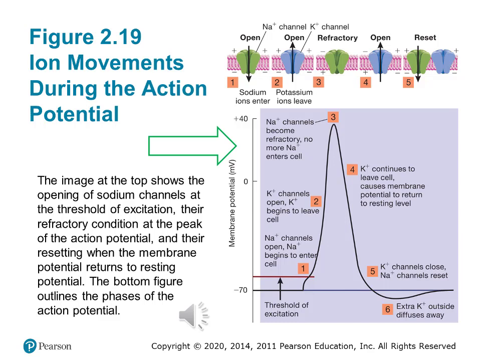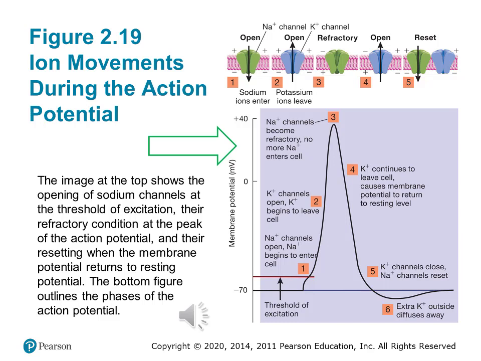At step 4, we're near 0 on the y-axis, and the line is steeply sloping downward. And during this step, potassium ions continue to leave the cell, and they cause the membrane potential to return to rest. Step 5 is near negative 60 on the y-axis.